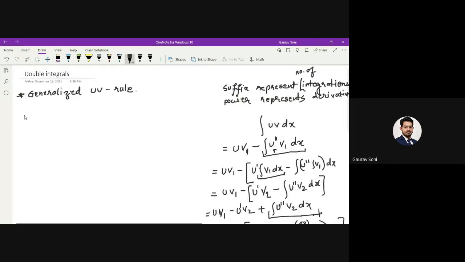So generalized UV rule, very important: integral of UV dx is equal to U V1 minus U1 V2 plus U double dash V3 and so on.